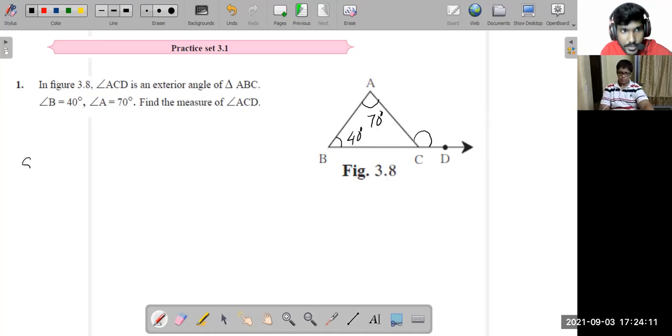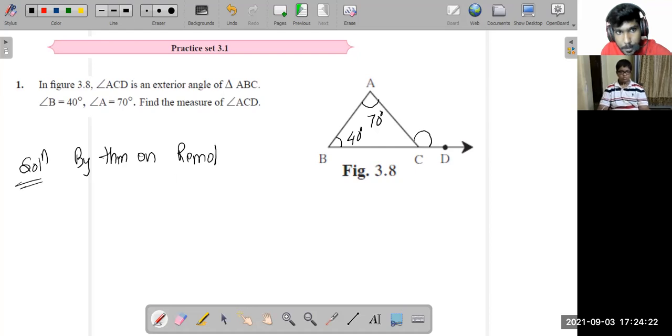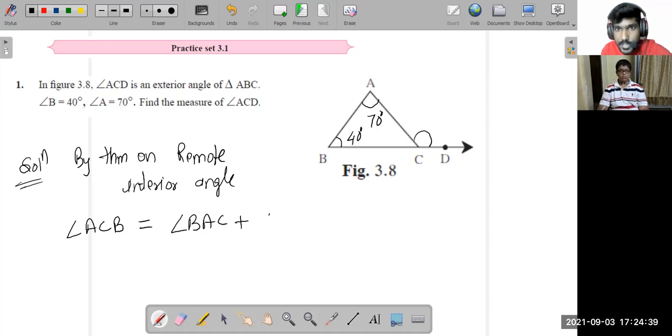Yes. So when you're writing, we'll write here by theorem on remote interior angle. Angle ACB will be equal to angle BAC plus angle ABC.